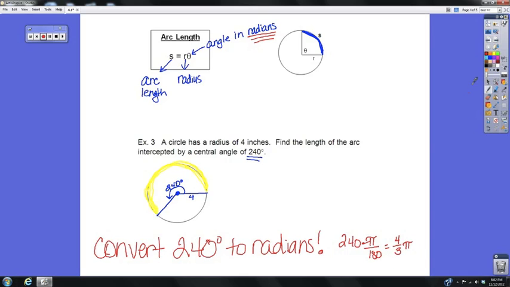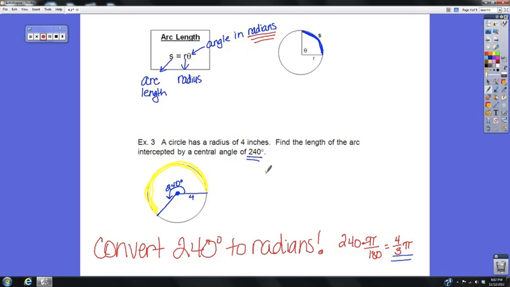So that's radians. So 240 degrees is 4/3 pi radians. So when we plug in our formula right here, we've got to use 4/3 pi.